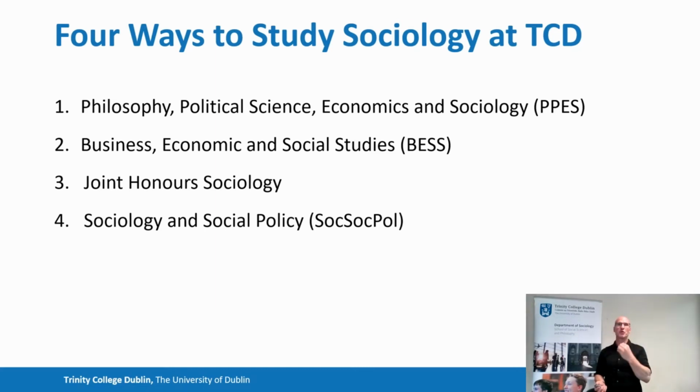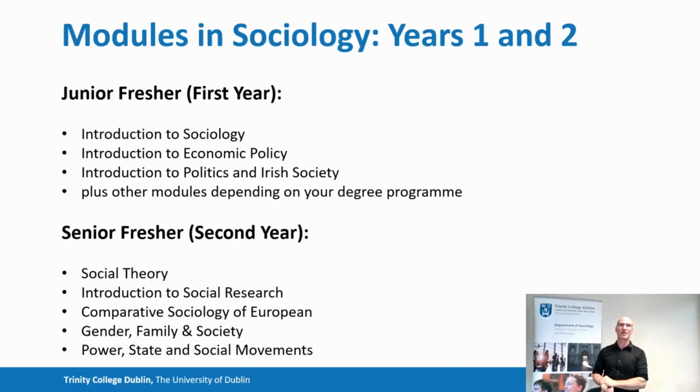You have to choose the right programme to be able to make the combinations that you want to do for your own undergraduate degree. Now, crucially then, it shows you that in sociology in Trinity College Dublin, we also believe that sociology is best studied as part of a programme of research that involves other disciplines as well. You can study sociology just by itself, but it's very rare. Most people are going to study sociology as part of a combination of other disciplines as well.